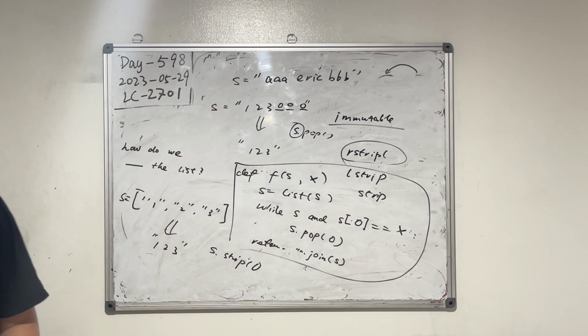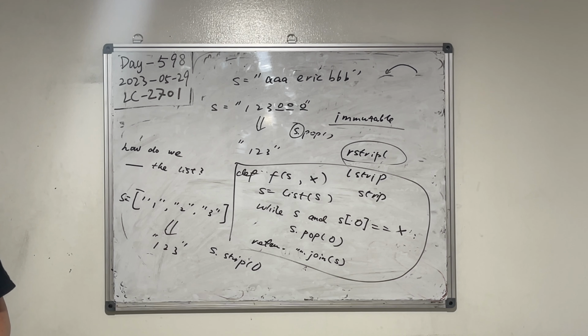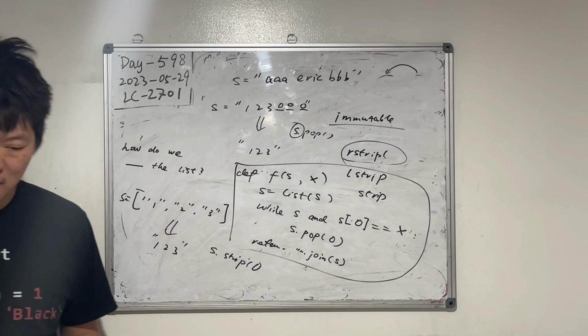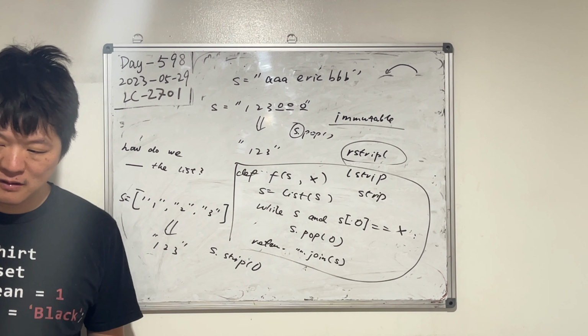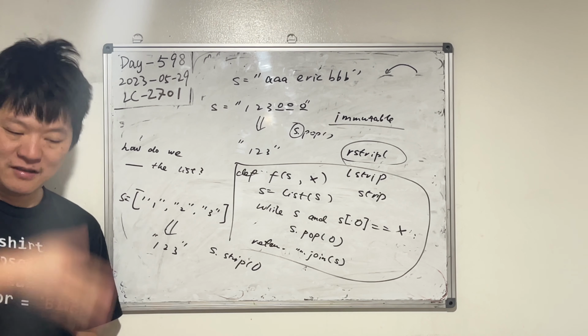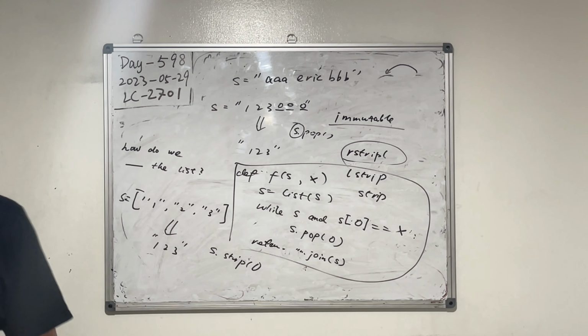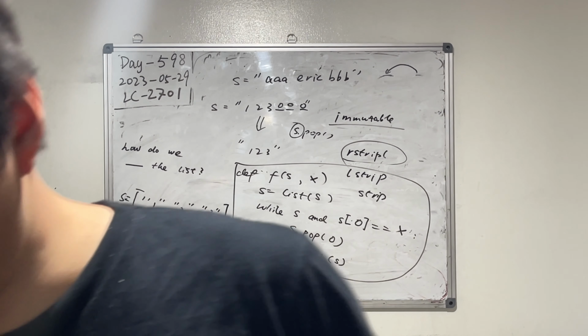What's the meaning of strip in English? It's a bit of paper or something, like a thin line. Cutting, right? Something like that.